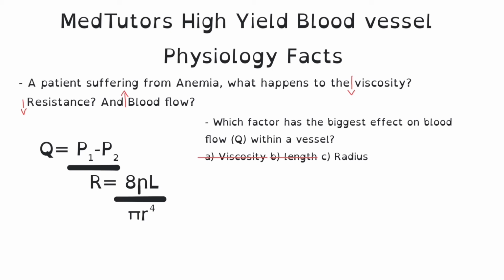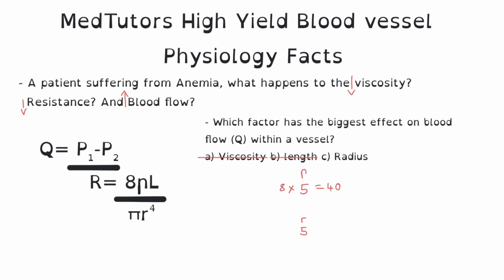Let's say, for example, viscosity is 5, and let's say the radius is also 5. We're going to say 8 multiplied by the viscosity 5 is equal to 40.